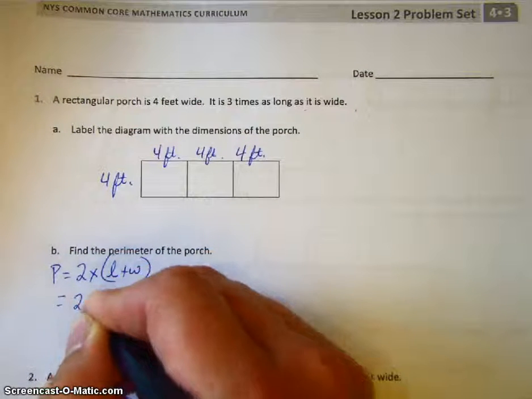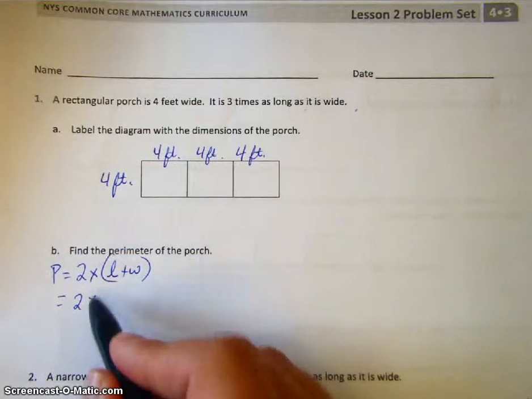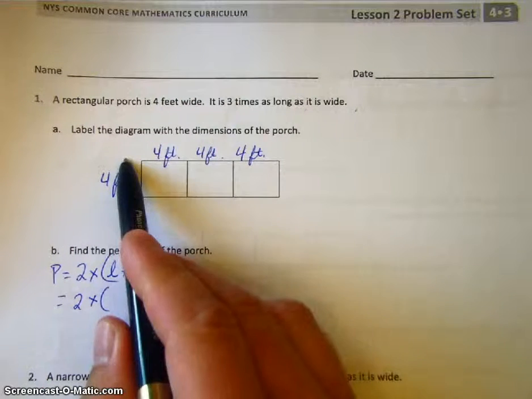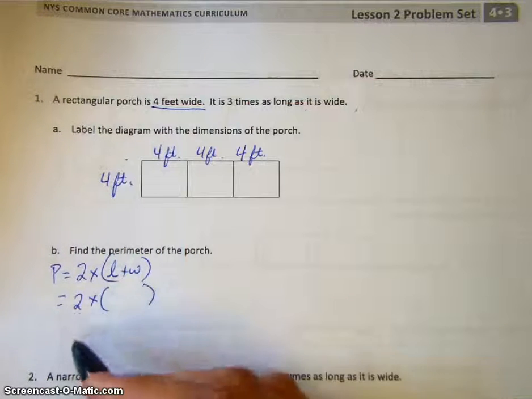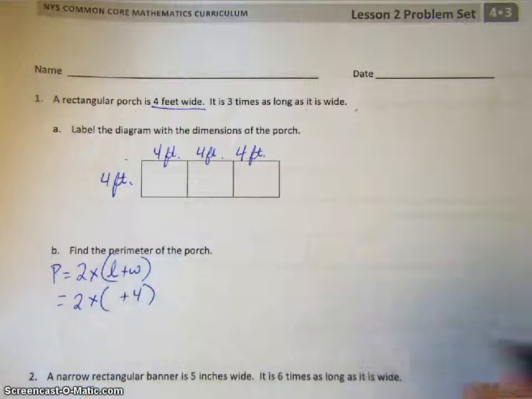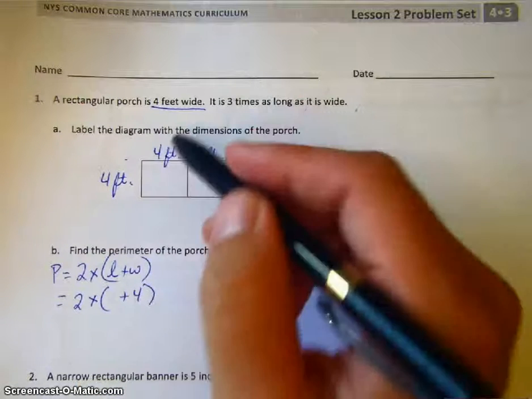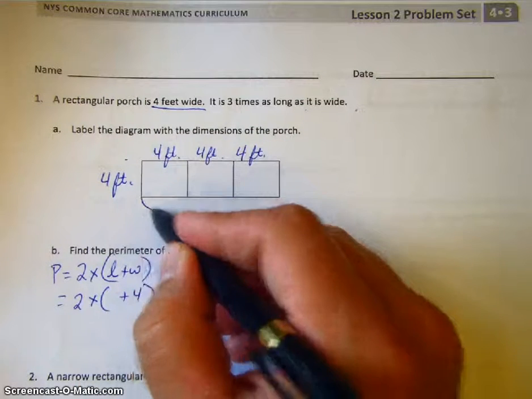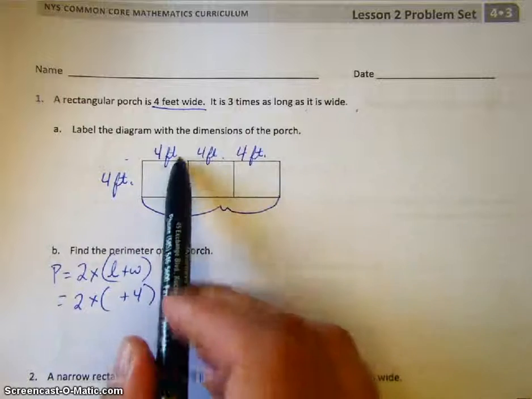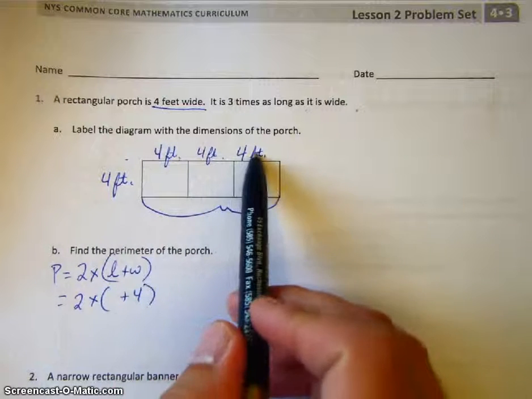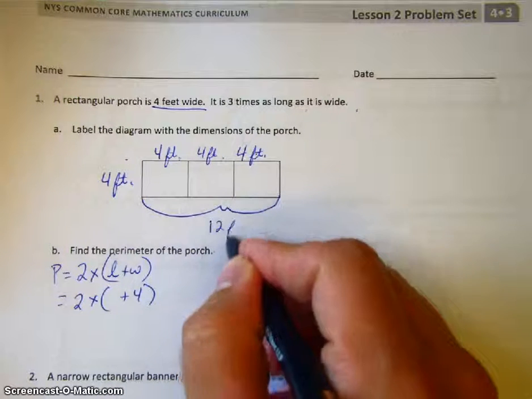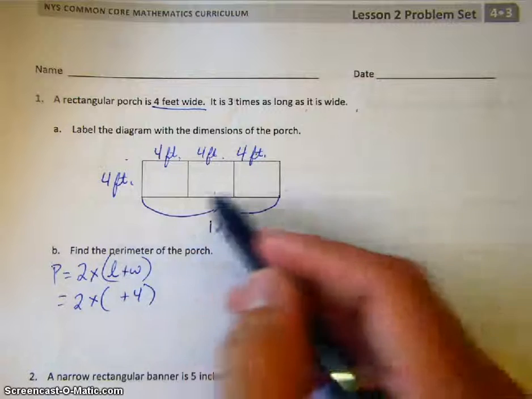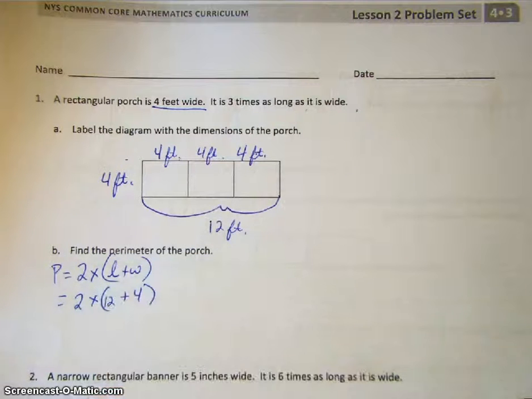So now we know that our width is 4, because it says right there in the problem. But what we need is to find the length. If we go up to our diagram here, our length then is these 3 4s, and we know that 3 times 4 is 12. So now our length here is 12.